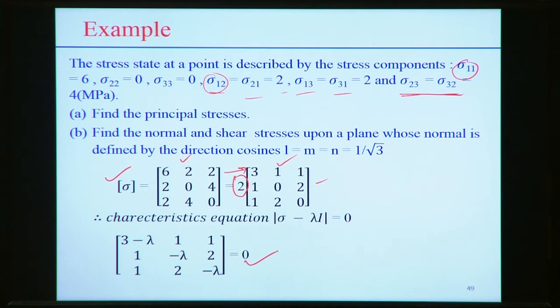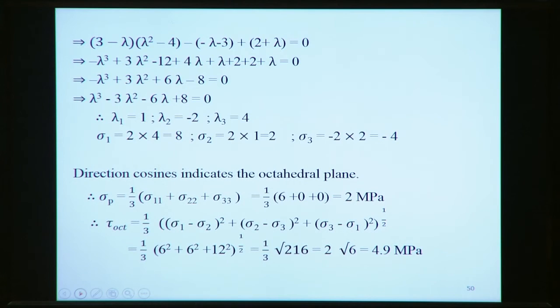This is the equation. Now we take the determinant of this equation, and ultimately it comes out like this. So a cubic equation is formed here. By direct investigation of the cubic equation, we can easily find that lambda 1 equals 1, lambda 2 equals minus 2 and lambda 3 equals 4.